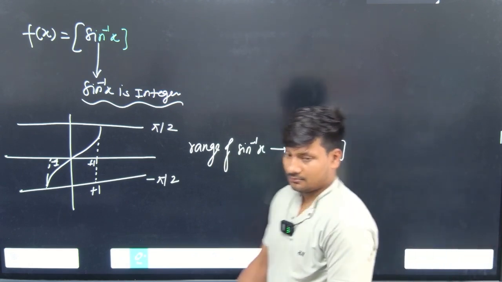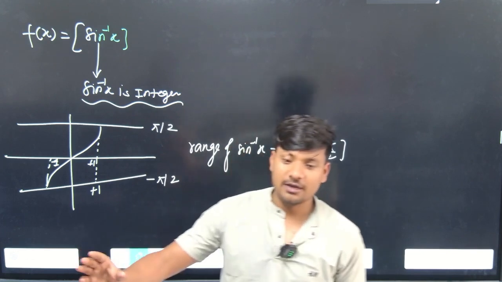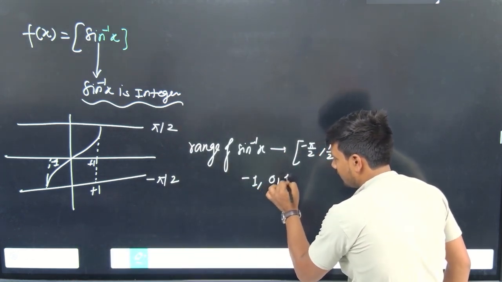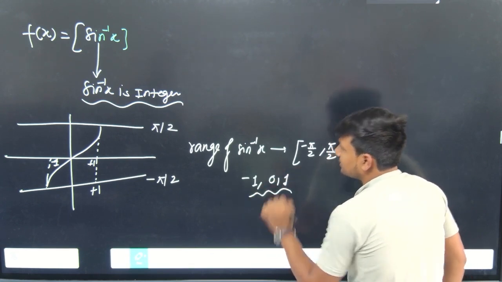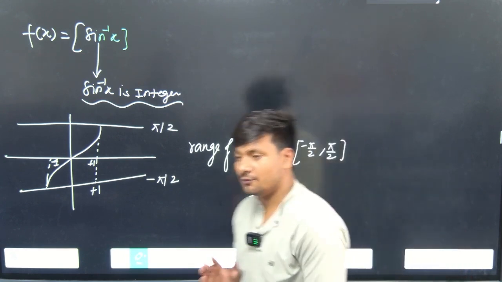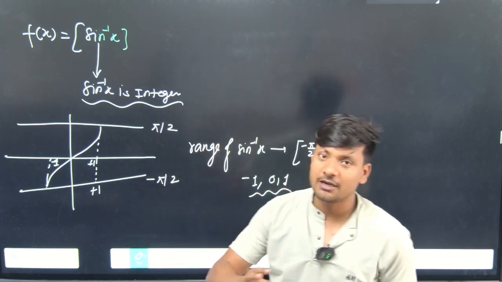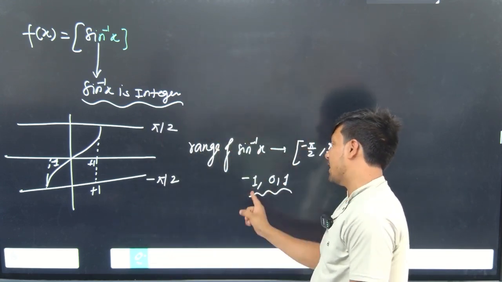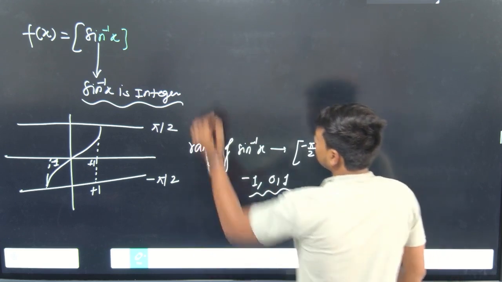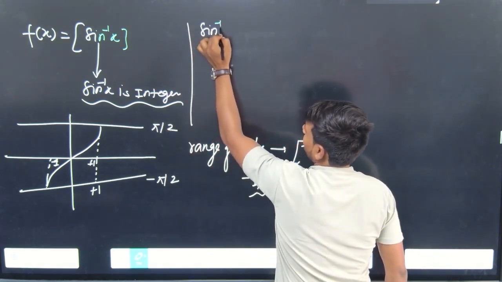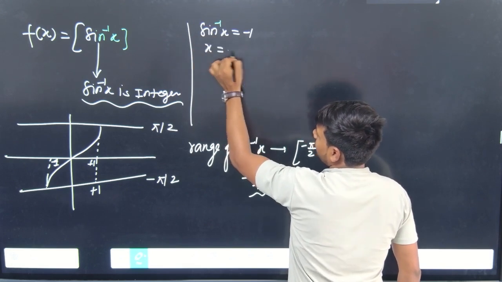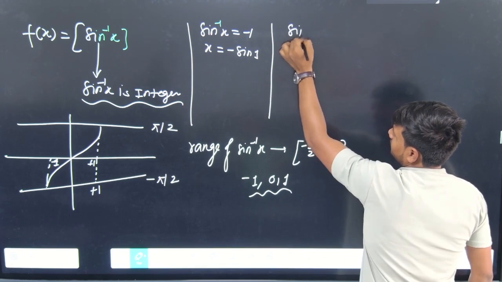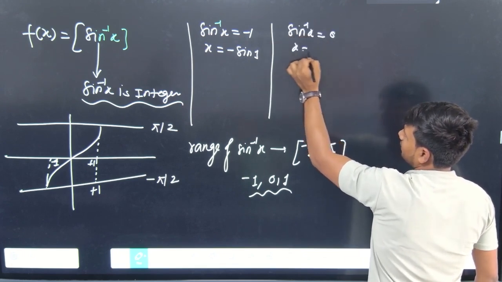Now we know that between minus pi by 2 and pi by 2 there are 3 integers: minus 1, 0 and 1. So sine inverse x can take the integer values minus 1, 0 and 1. When sine inverse x equals minus 1, then x will be minus sin 1. When sine inverse x equals 0, then x equals 0.